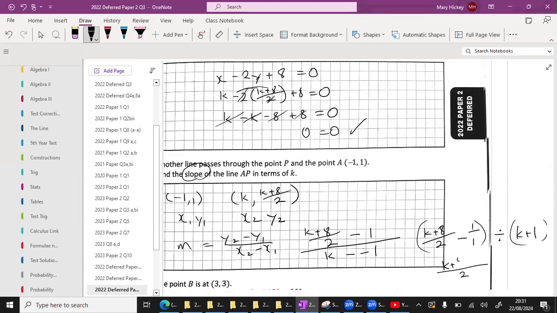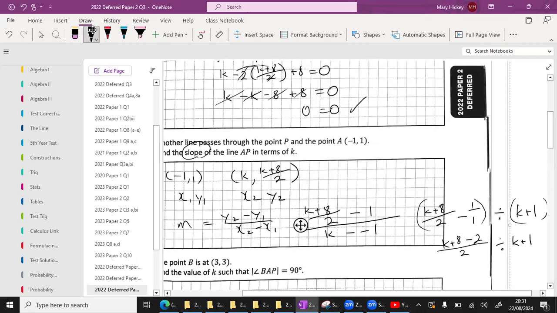The k plus 8 has the 2 already, so no change on bottom, no change on top. The next one, I change 1 to 2, so I double it. So I have to double the top, which is why the 1 is now a 2. And I'm going to ultimately divide by k plus 1. So I end up with (k plus 6) over 2, now divided by (k plus 1) over 1.